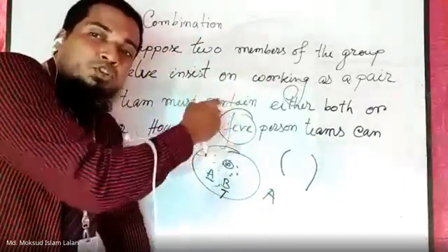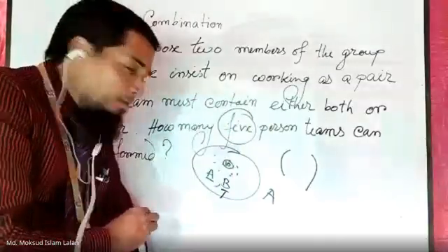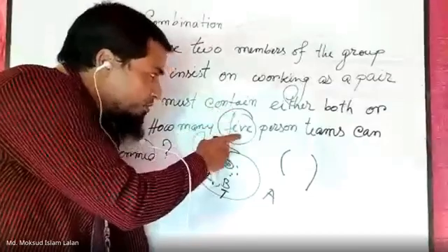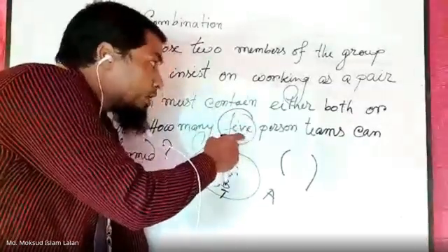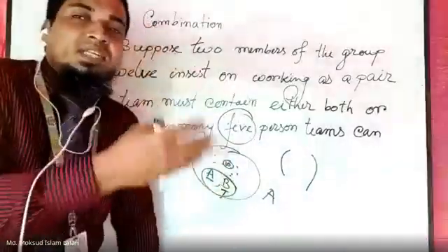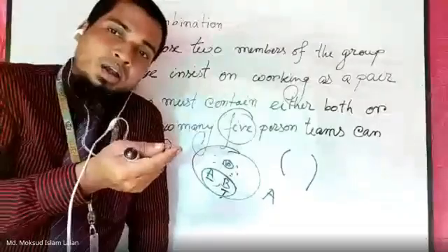So if A belongs, B must belong. We need to make 5-member teams. If A belongs, automatically B must also belong. From this 5, we are choosing 5 people; among 5, 2 are like reserved seats. So 2 are already there, only 3 more to choose. Yes, already 2 must belong.